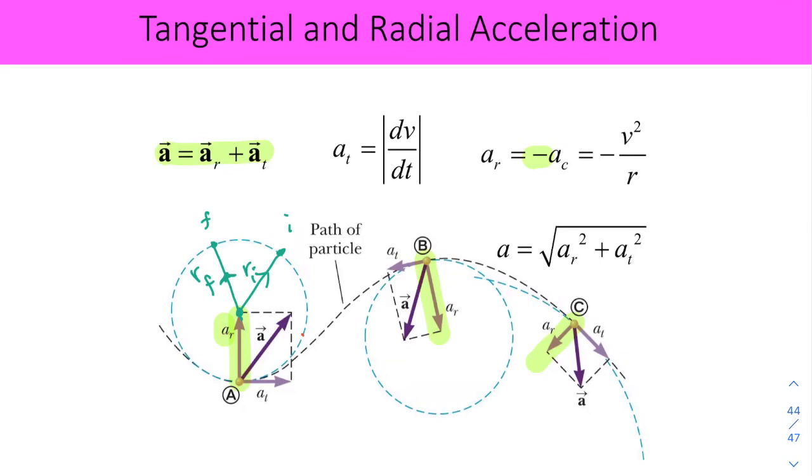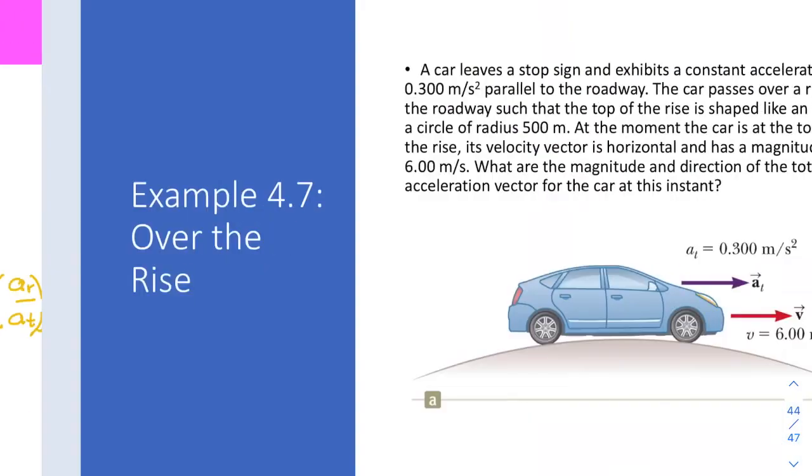Then you may also determine the direction of your a by calculating the angle. If the question asks for a direction, you finish with the arctangent of ar over at, because they are perpendicular to each other. It depends on which angle. As long as you know what you are doing, whether it's tangent, sin or cos, it doesn't matter.